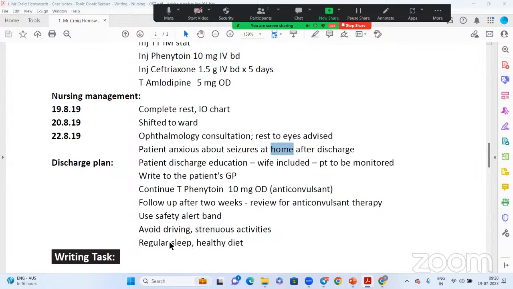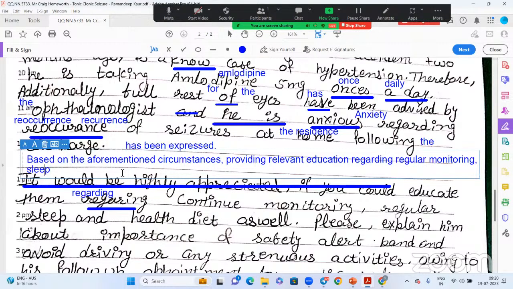Okay, so here regular sleep will make it: regular sleep, continuous monitoring.